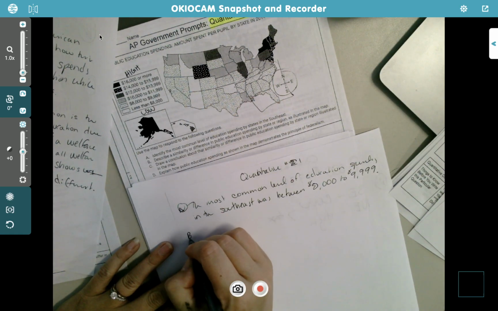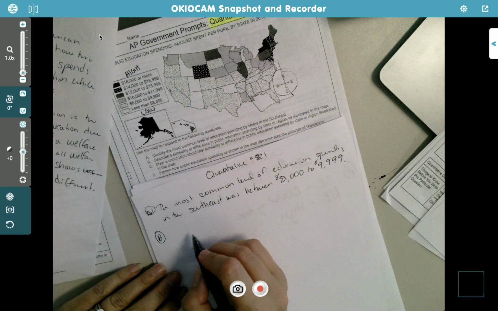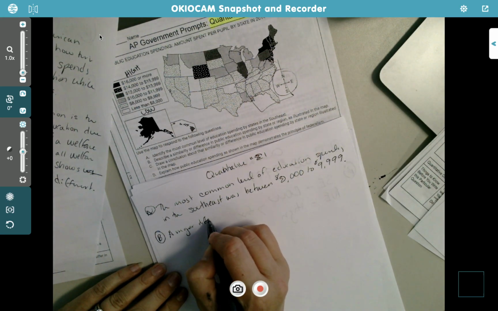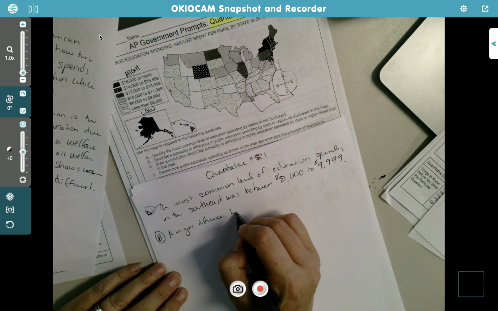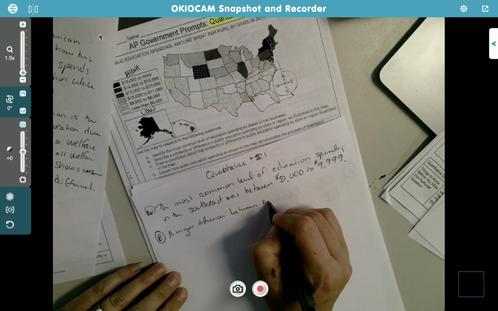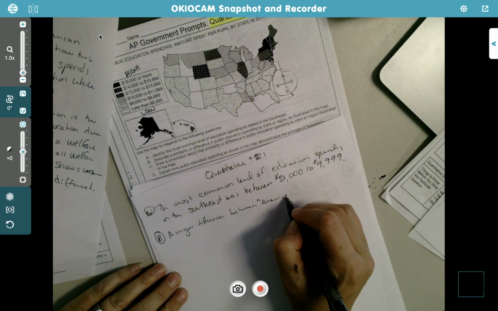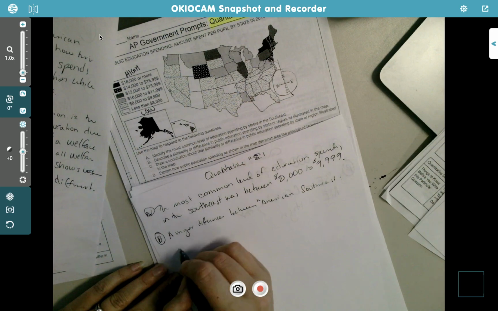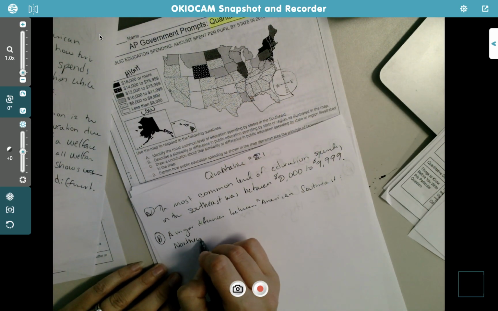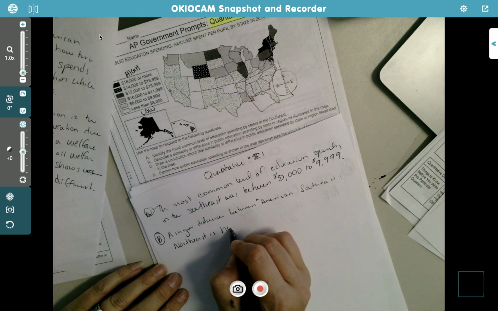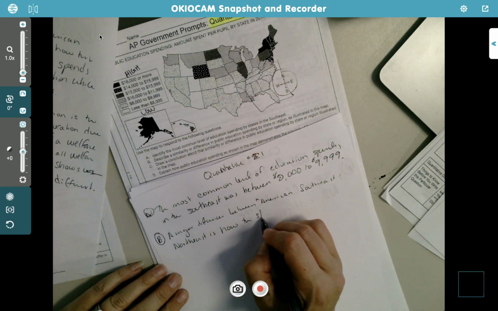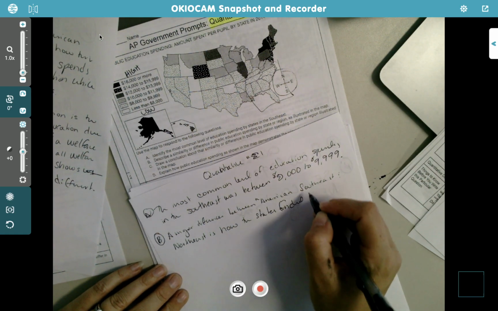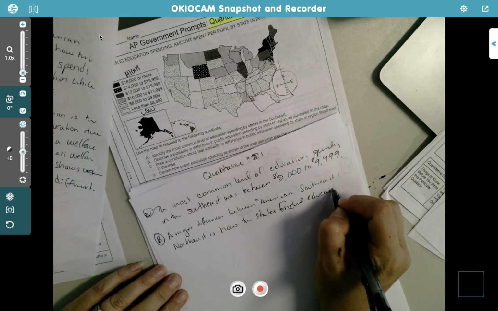Here we go. B. Do you like quantitative so far? A major difference between the American Southeast and Northeast is how the states funded education. Period.